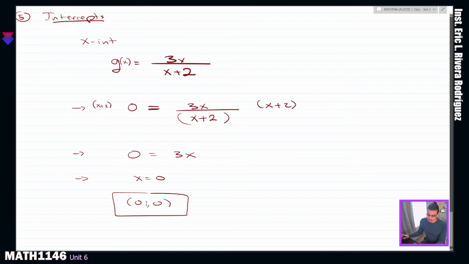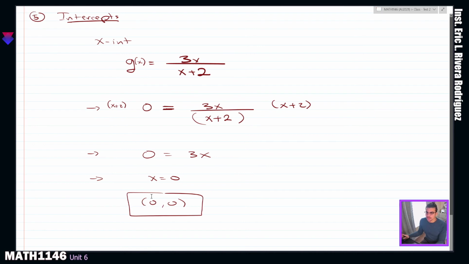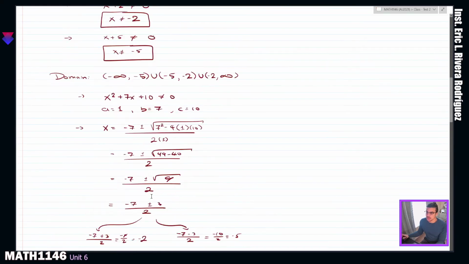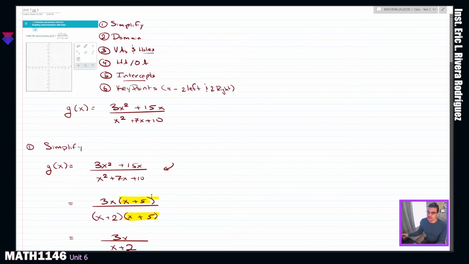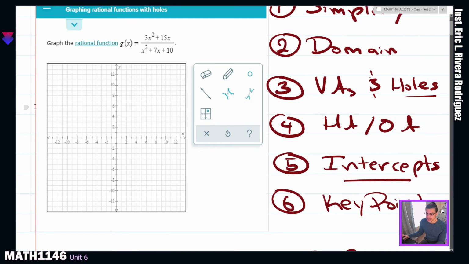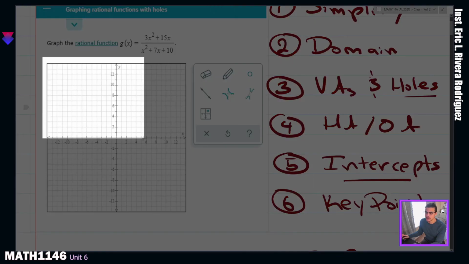Right. So now we need the key points to draw the graph.